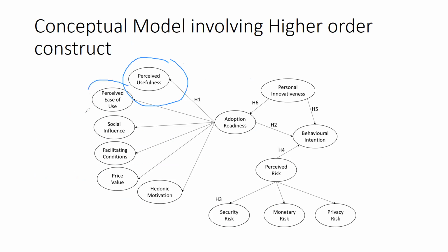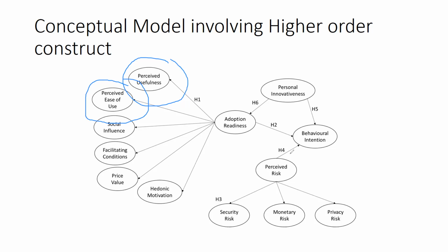Another construct, perceived ease of use, is the easiness of using that technology. Similarly, I would have multiple constructs like social influence and facilitating conditions. All of these are unobserved or latent variables. I have certain items or questions which I administer to the respondents and measure on a Likert scale, anchored on a scale of 1 to 5 or say 1 to 7.